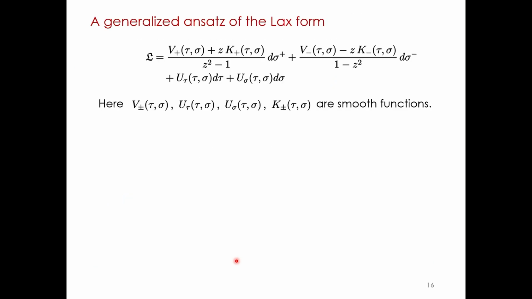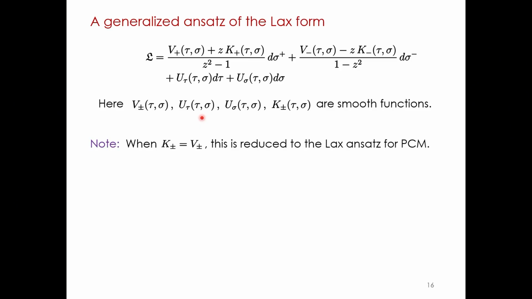So then we would like to try to consider a generalized ansatz for the Lax form. That is given by like this. So the pole structure is different. So now, this Lax ansatz contains k plus and k minus, in addition to the previous four smooth functions.